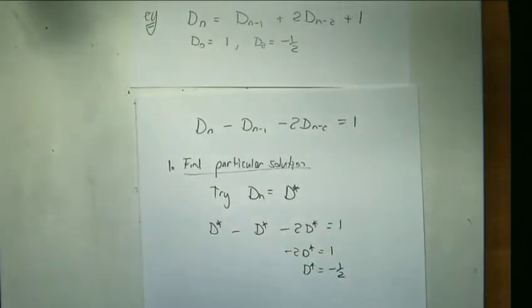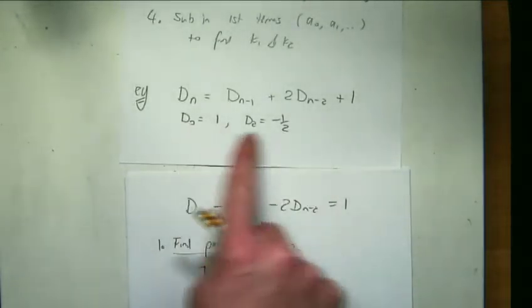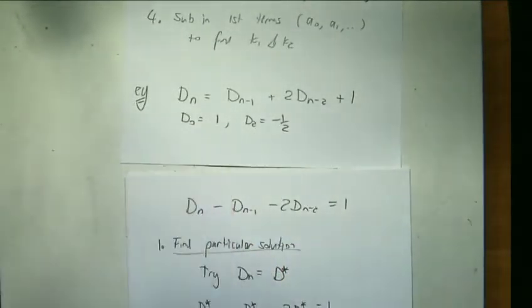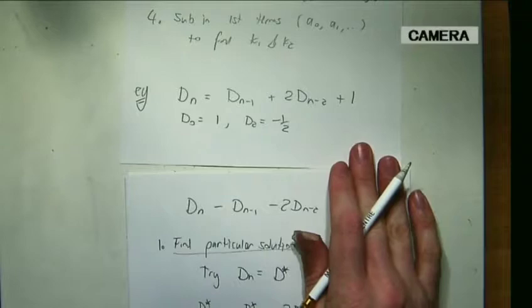Awesome. Now that's a particular solution. Technically this particular solution does not actually match this solution because D0 isn't minus a half. But we don't need it to match the initial conditions until the very, very end. We ignore those early terms until the very end and we fix it later.